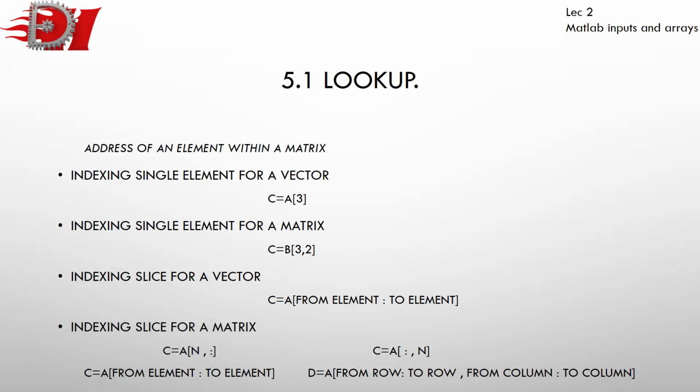And the lookup is to assign a certain location of the element. For example, the third element in a vector A can be assigned to C, and similarly to something else. So whatever we look up is assigned to the C variable here.